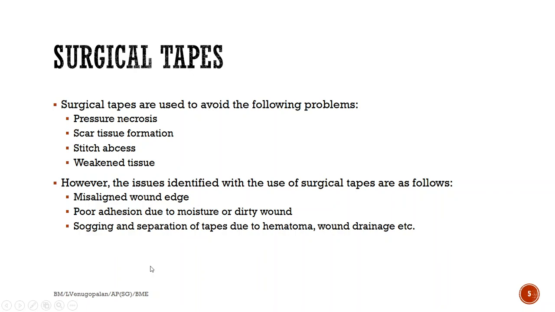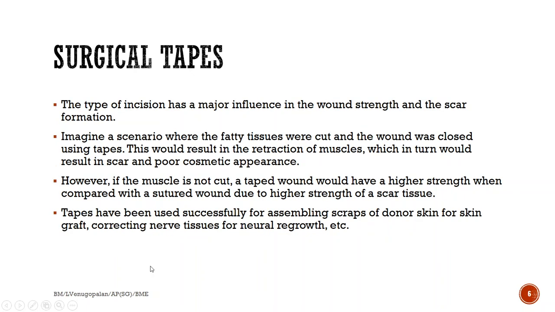Often there can be hematoma, which is bleeding from the wound, or wound drainage. You can have blood serum oozing out of the wound, and that would result in sogging of your surgical tape, and that would separate the tapes. So basically the tape wouldn't stick if there is wound drainage or hematoma or bleeding in the wound. So these are the major disadvantages of surgical tapes.